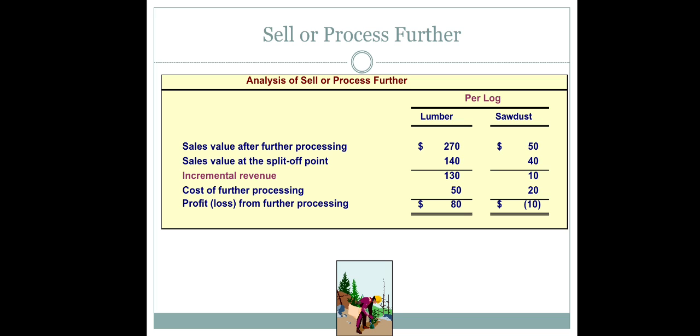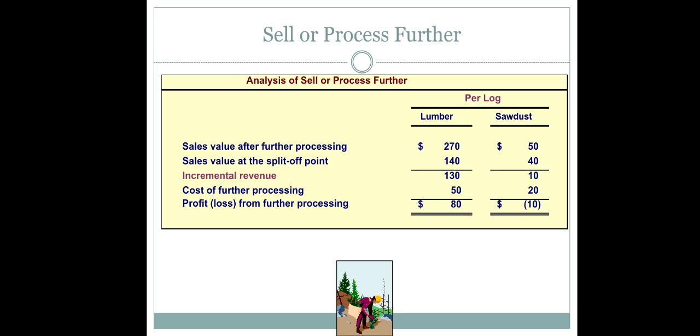But if the business processes the lumber further, then the new product can be sold at $270 per unit. So the incremental revenue, if the business processes further, is 130. That is for lumber. But the incremental cost is 50. See the second column. The incremental cost is 50.